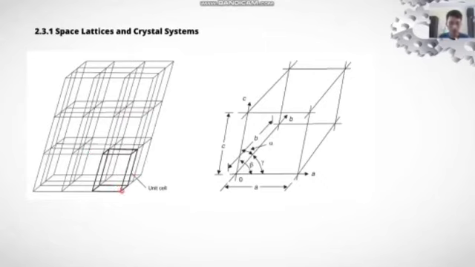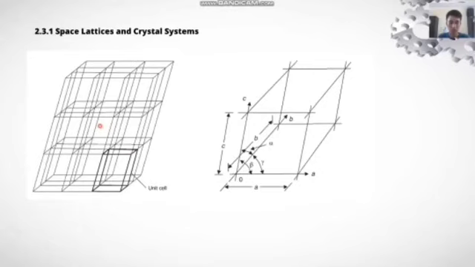The intersections of the lines, called lattice points, represent locations in space with the same kind of atom or group of atoms of identical composition, arrangement, and orientation.